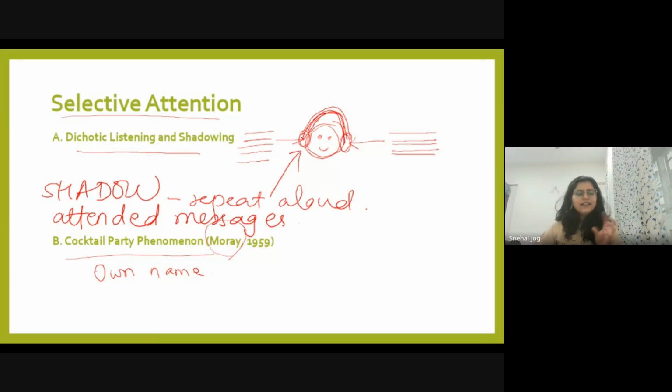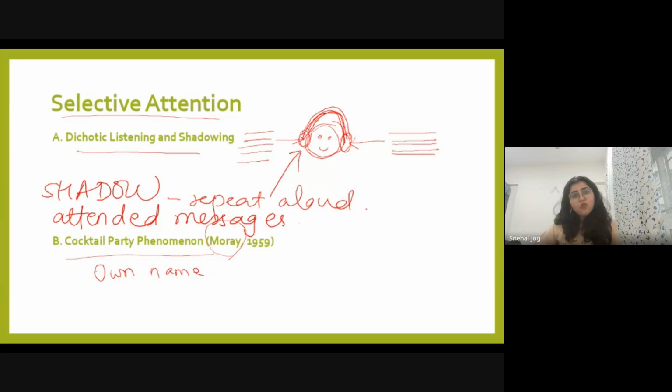So it is usually said that there are a few words for which we have a lower threshold. For example, when someone says danger, when someone says fire, or for some people who have phobias, if someone says spider, the word spider is going to have a very low threshold.